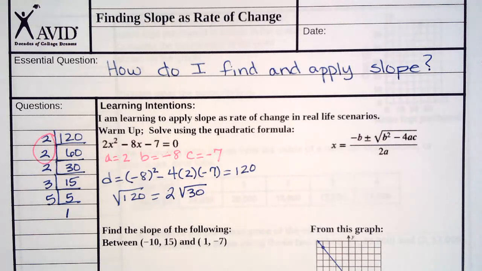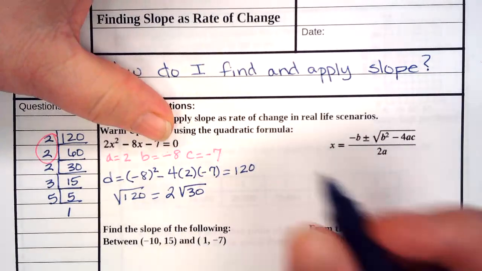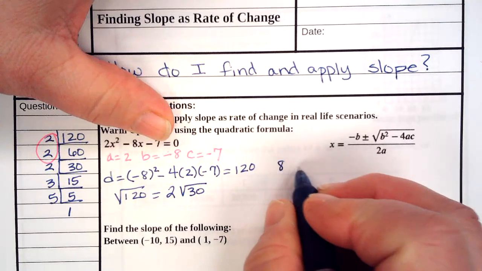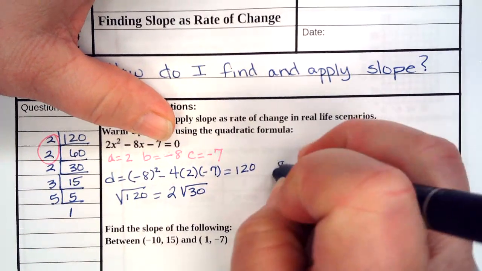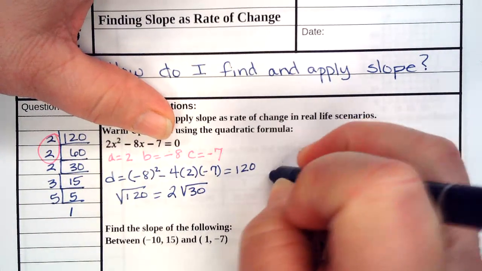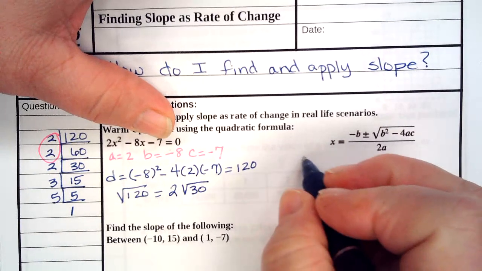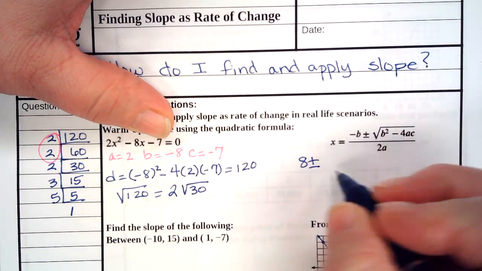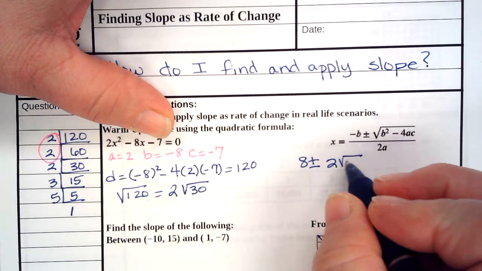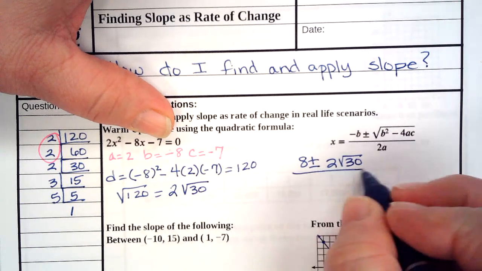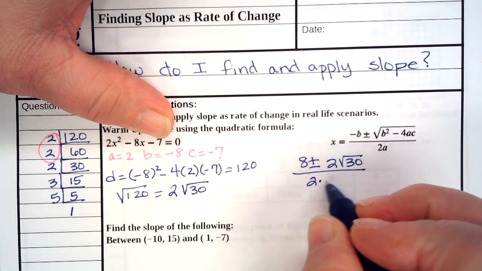The opposite of B. B is -8. So this is 8. This time we'll just make it as one equation. 8 plus or minus 2 square root of 30 all over 2 times 2.